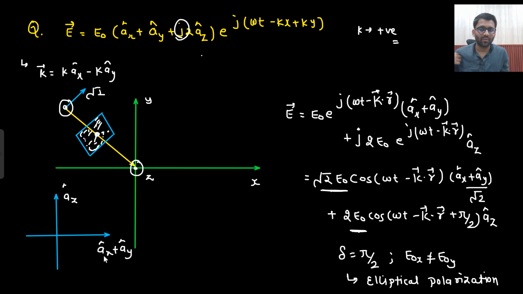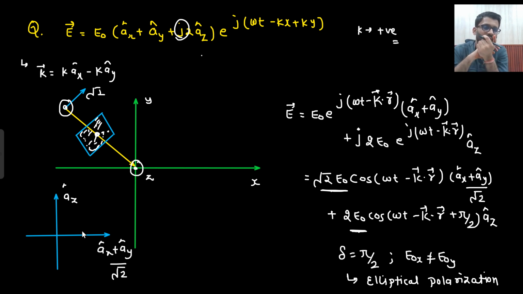This time I am not writing xz or yz or anything like that. This is ax plus ay, this is the direction of wave propagation, and here I will assume the plane. So one electric field is in ax plus ay, the other electric field is in the z direction. Is that clear to you? Here I should write ax plus ay divided by root 2, the unit vector, and here I should write az.